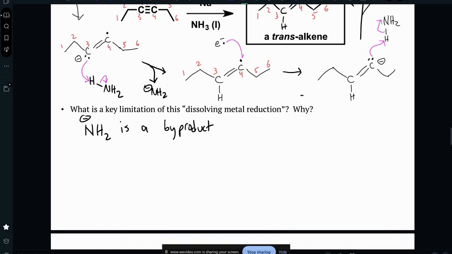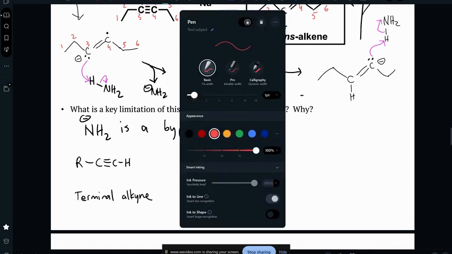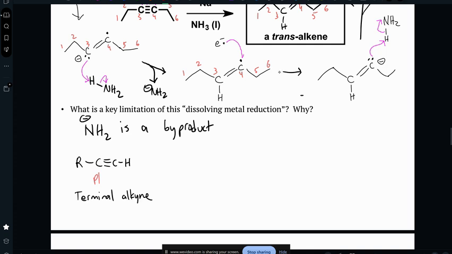Remember that a terminal alkyne would be one at the end of the chain. There is a hydrogen at the end. And that hydrogen turns out to have a pKa of about 24 or 25.